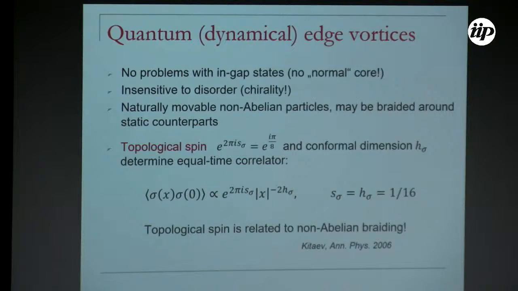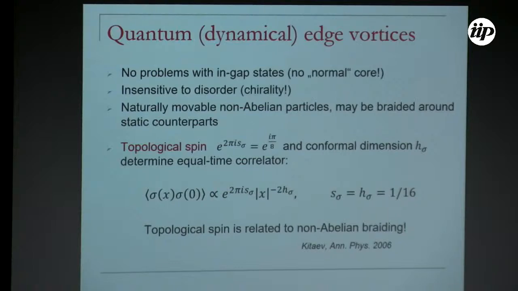And this has been worked out by who else? Alexei Kitaev in 2006. He has it in this paper. So the correlator has now a decay with space where you have a conformal dimension h sigma, which is 1/16.